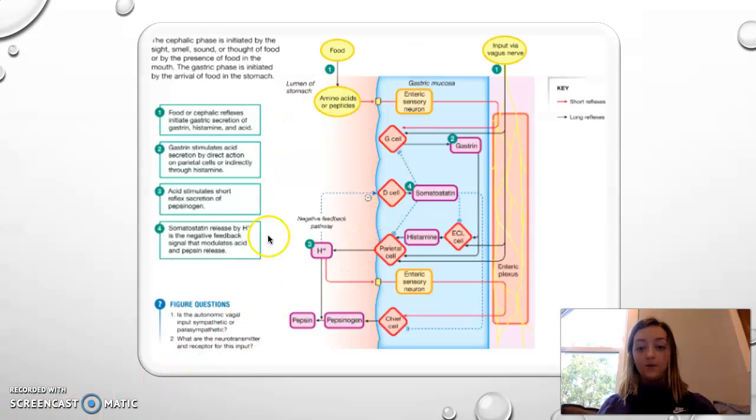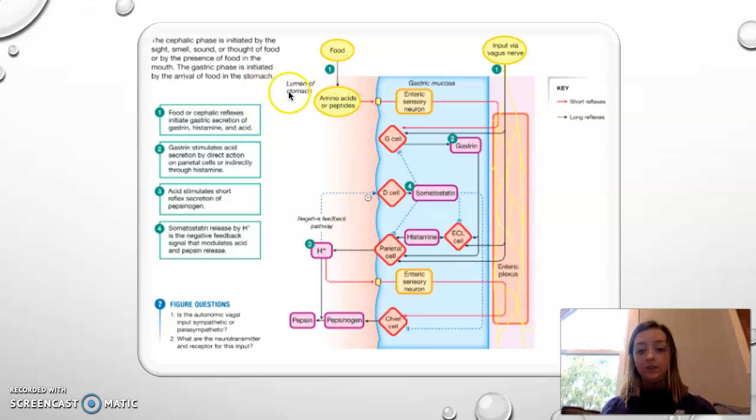So this diagram, also taken from chapter 21 of the Silverthorn textbook, shows what I've been talking about with all of these different cells in the lumen of the stomach, and the release of them. So food or cephalic reflexes initiate gastric secretion of gastrin, histamine, and acid.